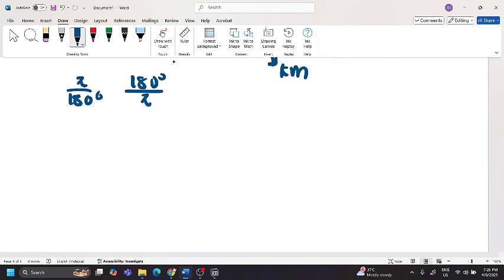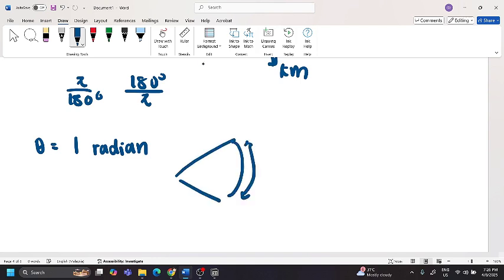Okay. What is 1 radian? My angle theta is 1 radian. How do I know it's 1 radian? When your arc length is equal to your radius.